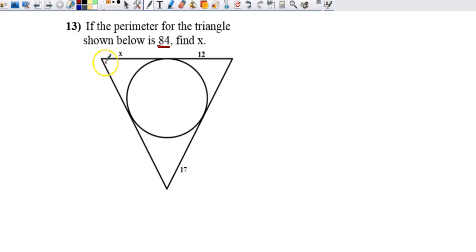So we've got to use our rule that tangents coming to the same point are going to be the same length. So I'm going to go ahead and call that x. Same thing here, these 12s, and then the 17s.